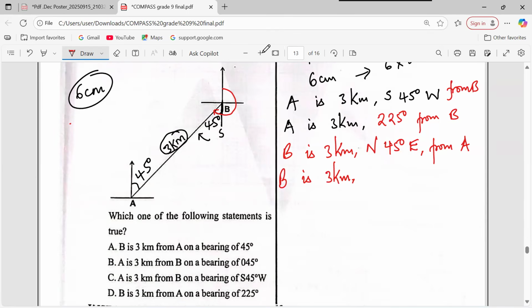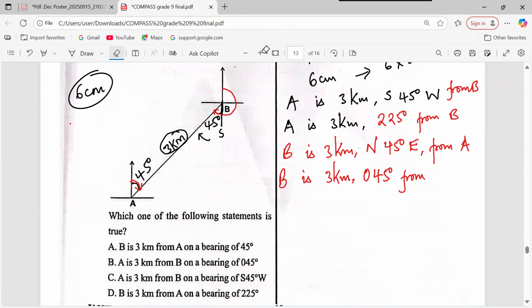This bearing, to be stated as true bearing, we just consider the angle from the north in the clockwise direction, which is 45. But now it should be 3 digits. So we start with 0, 045 degrees. That's the bearing from point A.